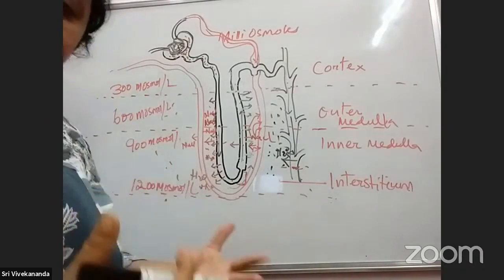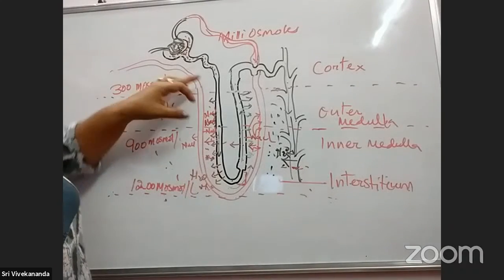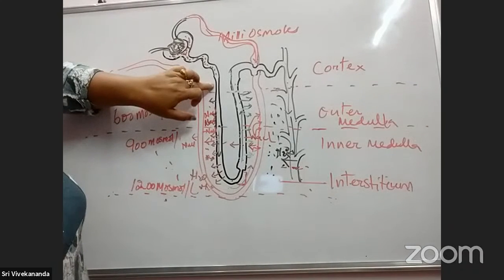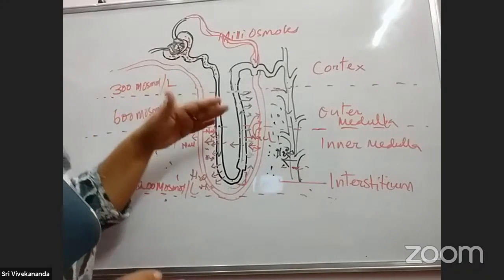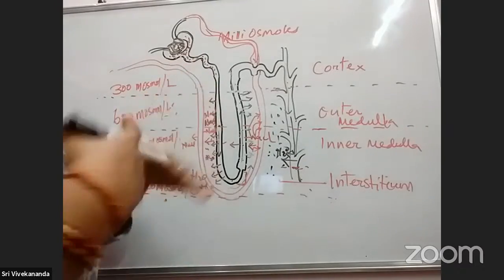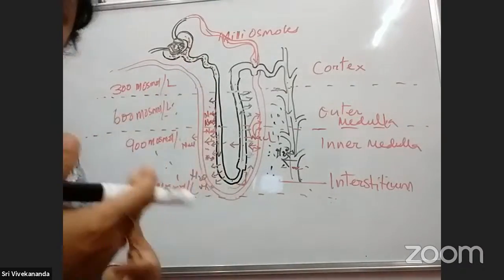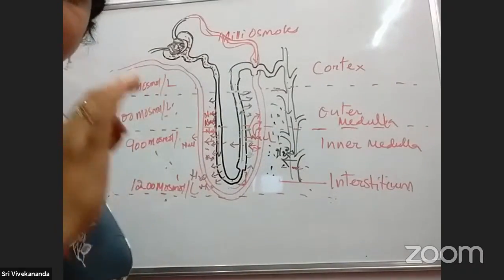Now, why is it exactly similar to the blood osmolarity? Because up to this, there is no change in the filtrate. So from here only all the changes will take place. From here the nutrients, some other electrolytes and ions go in and out, but not exactly the salts.